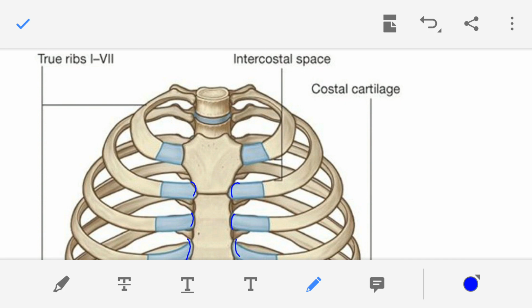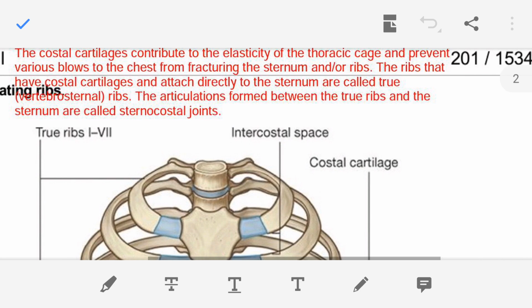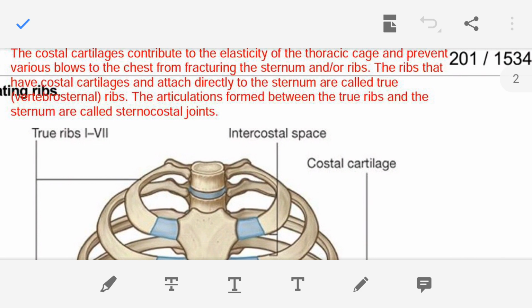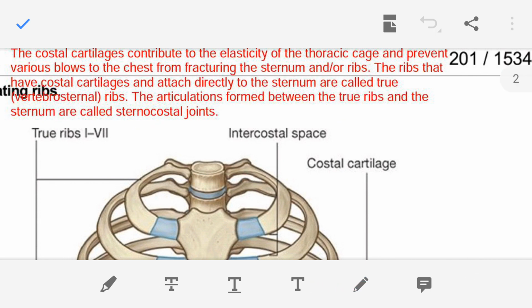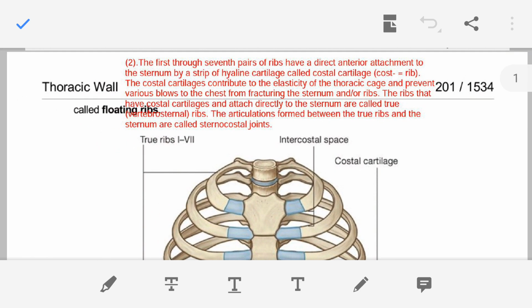These are all sternocostal joints. As you can see over here, it is written that the articulations formed between the true ribs and the sternum are known as the sternocostal joints.